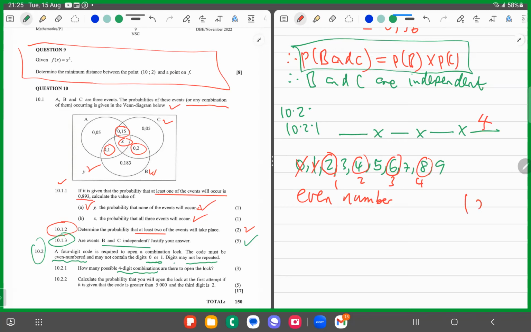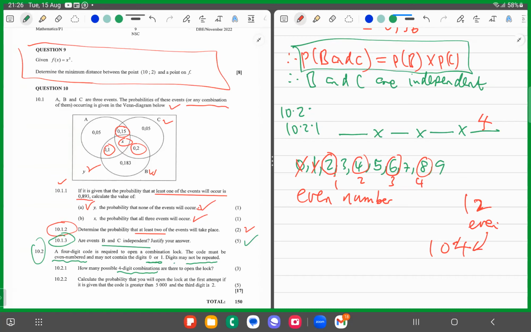Why is the number 12 even? Because the last digit is an even number. Even 104 is an even number because the last digit is an even number. So at this point you'd have only 4 possible choices to make sure the code is an even number.